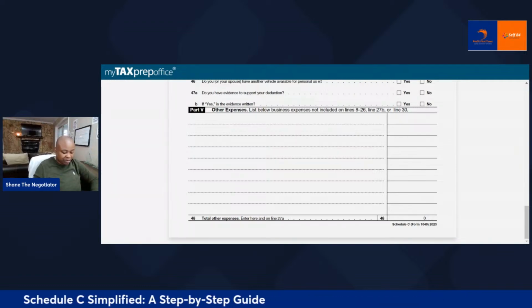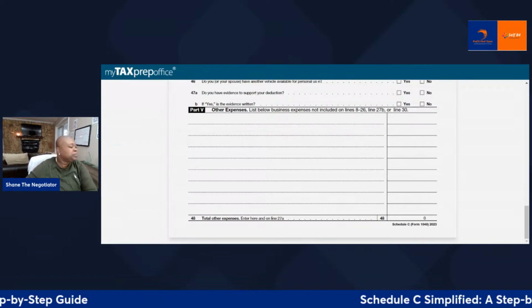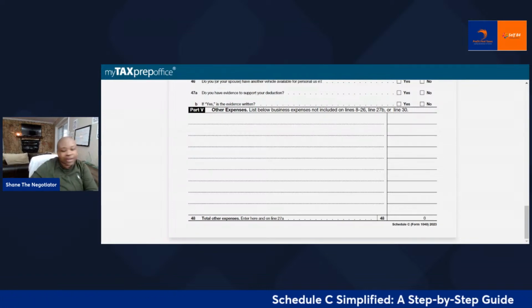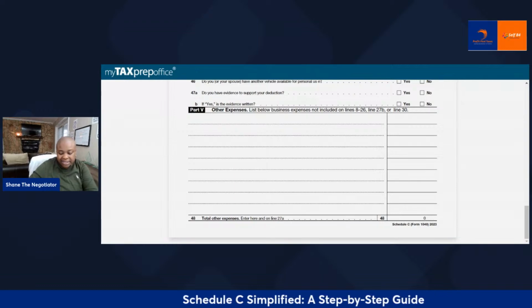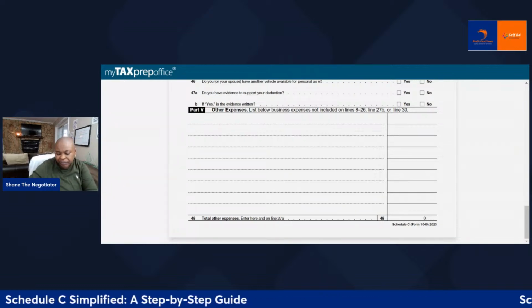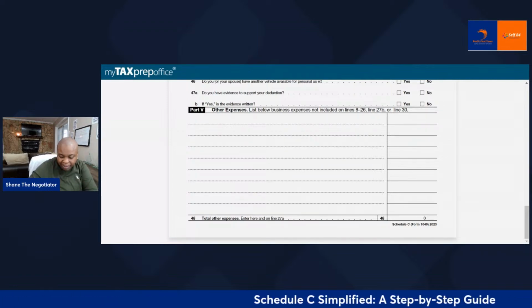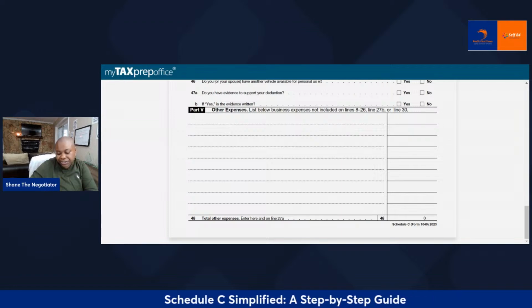65.5 cents. So let's get some business miles in there. So let's just say you had your vehicle, you used it for business, and we're going to make up a number. Let's say how many miles you drove for that year. We're going to say you drove, I don't know, 750 miles for business.